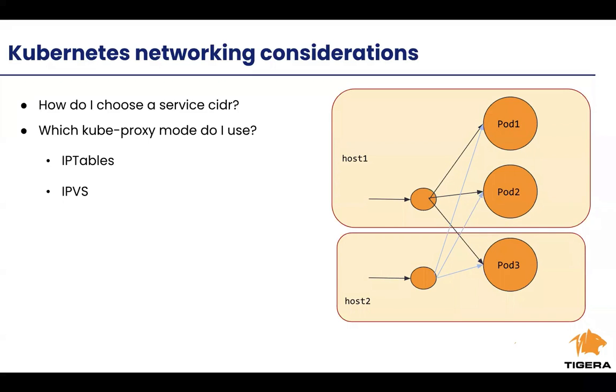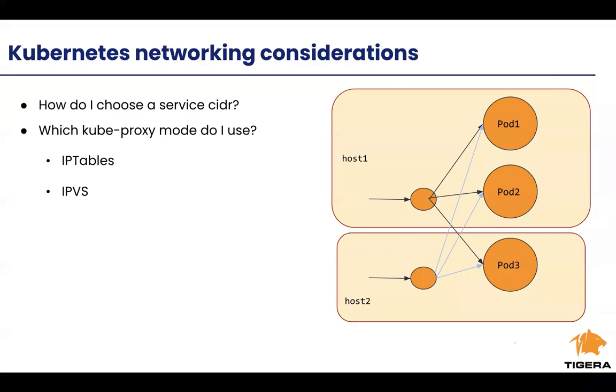So you want to take into account how many services you are going to have in this cluster, and whether the CIDR that you're going to use has enough IP addresses for all the services inside of your cluster. And then also, when you choose the kube-proxy mode for your services, I'm going to show you a blog that we did on the performance benchmarks of the different kube-proxy modes that we have published on our blog page.